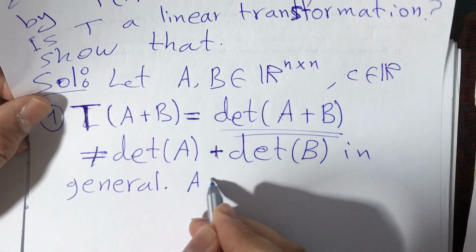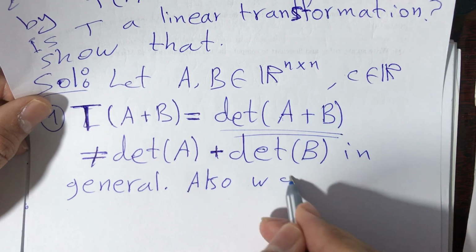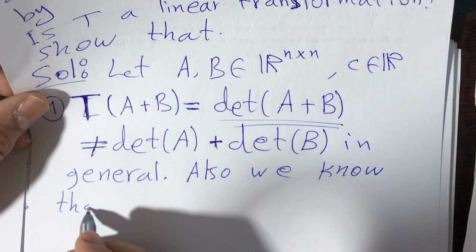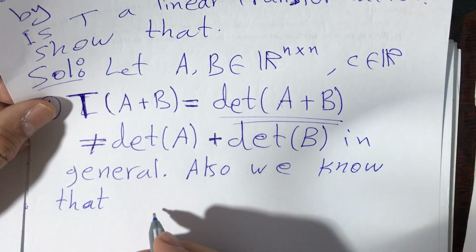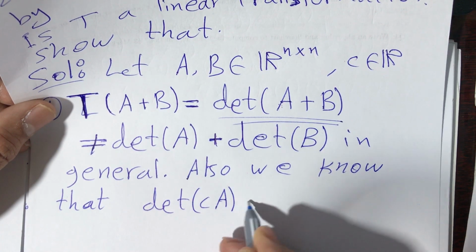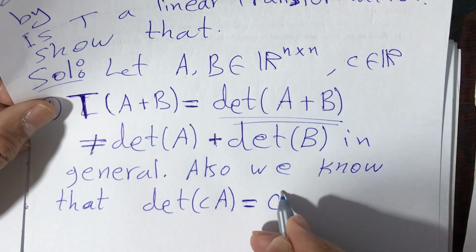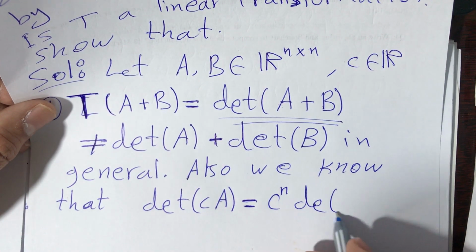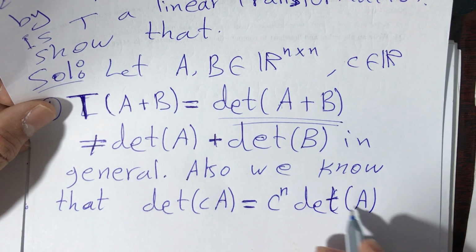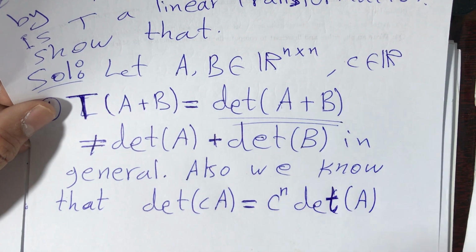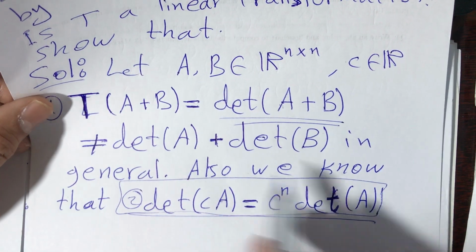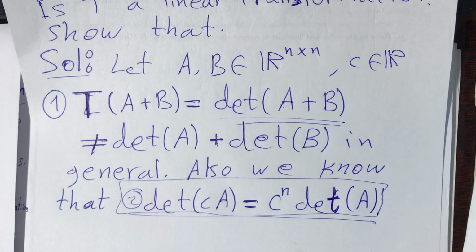Also, we know that the determinant of cA is equal to c to the power n times the determinant of A. From the first semester, you know this, and this is condition 2. In this example, both conditions are not satisfied.